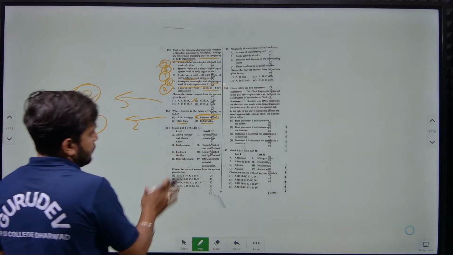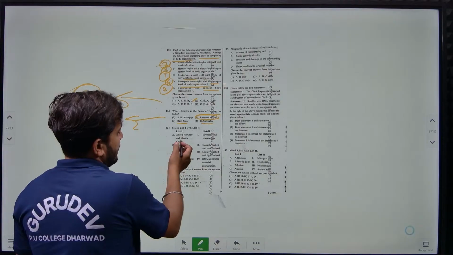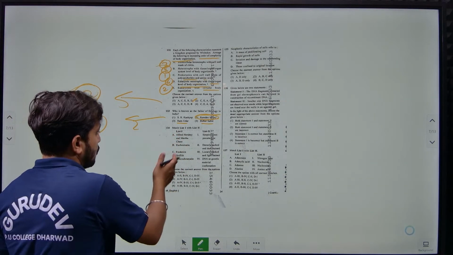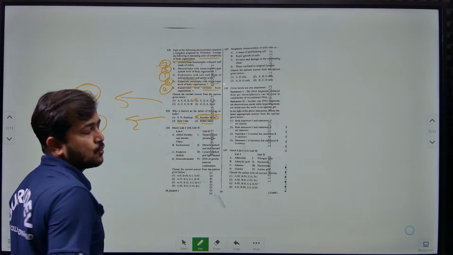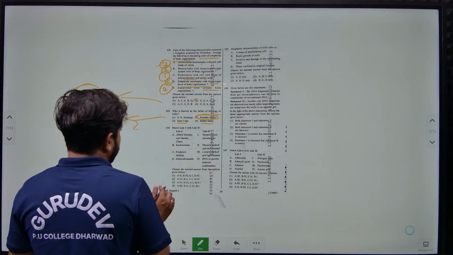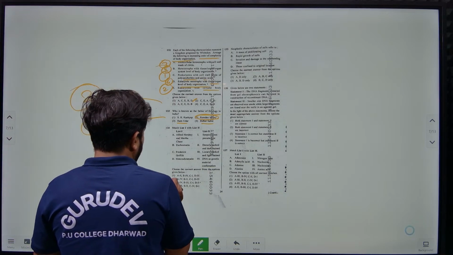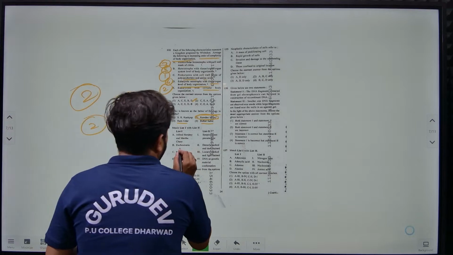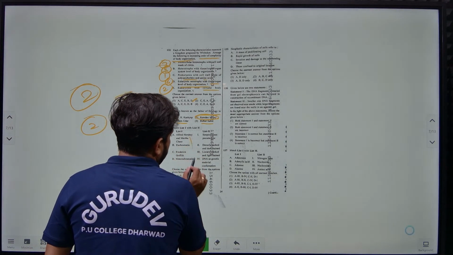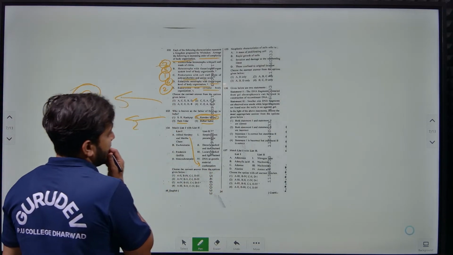Then match the following. They have mentioned Alfred Hershey and Martha Chase, euchromatin, Frederick Griffith, and heterochromatin. Here I have to find the correct option. Alfred Hershey and Martha Chase confirmed DNA as the genetic material.